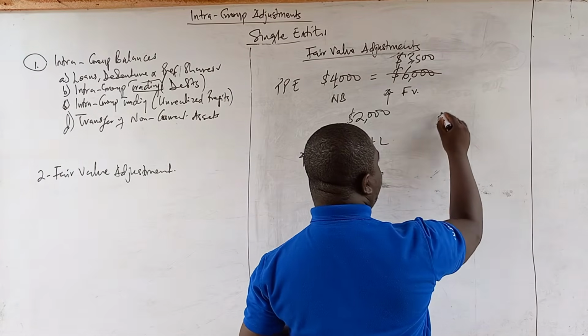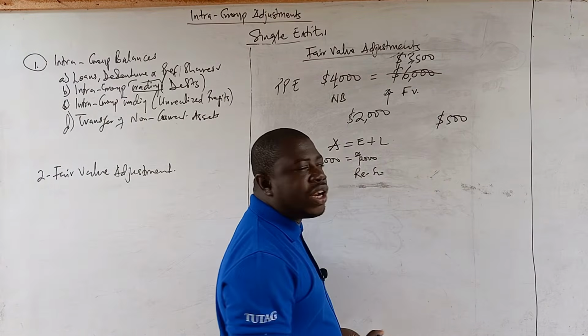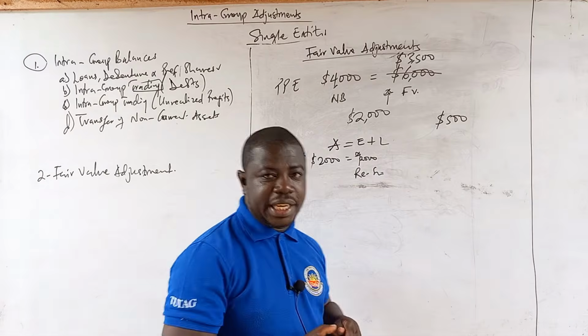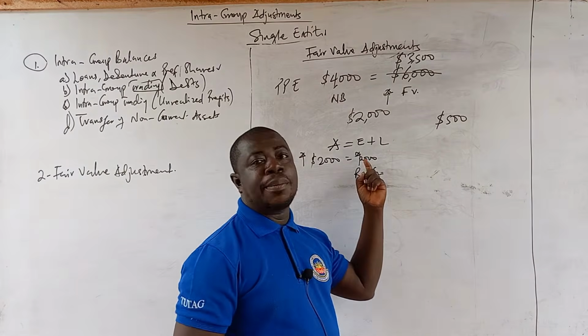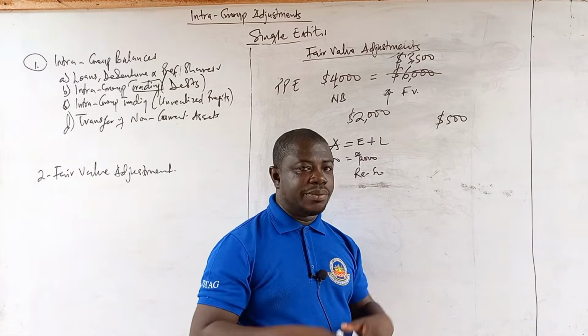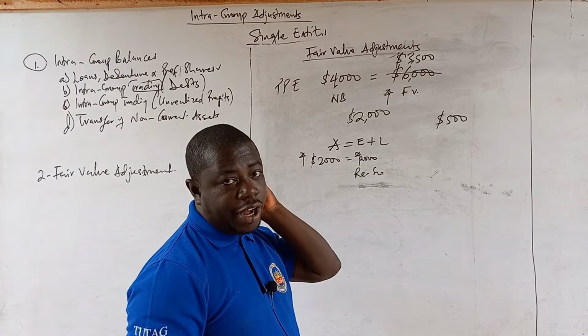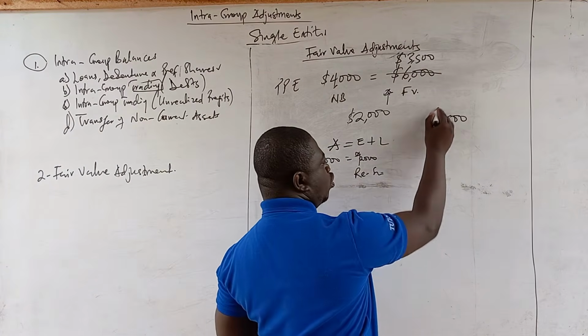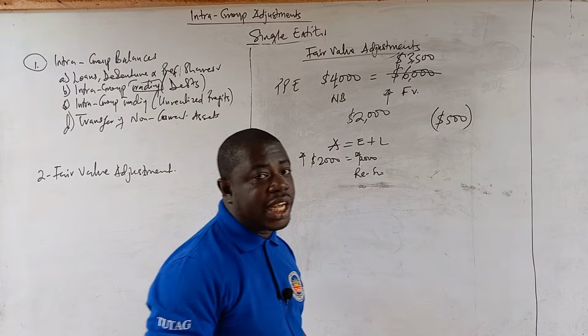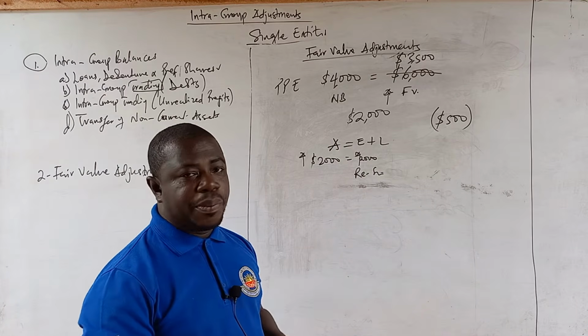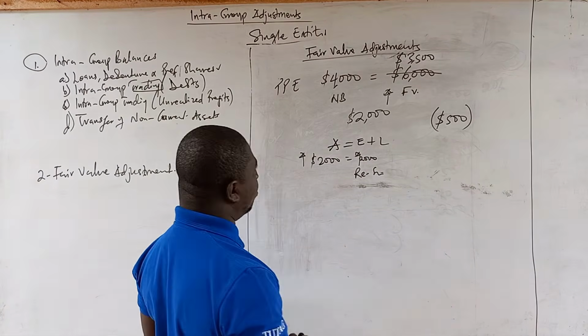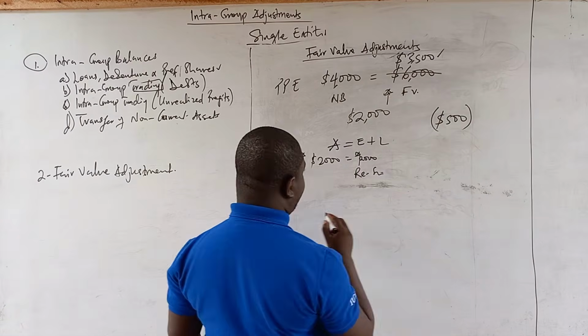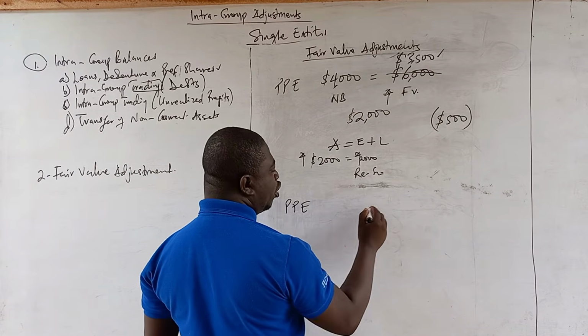And so the difference of 500 cannot be called a revaluation loss from the beginning, except there was originally a surplus there. That is where we can go and subtract. But if it's a first time revaluation and it results in a loss, this loss must be charged to income surplus. And so when you are preparing your consolidated statement of financial position, the new figure of 3,500 will be shown as PPE, not the 4,000.